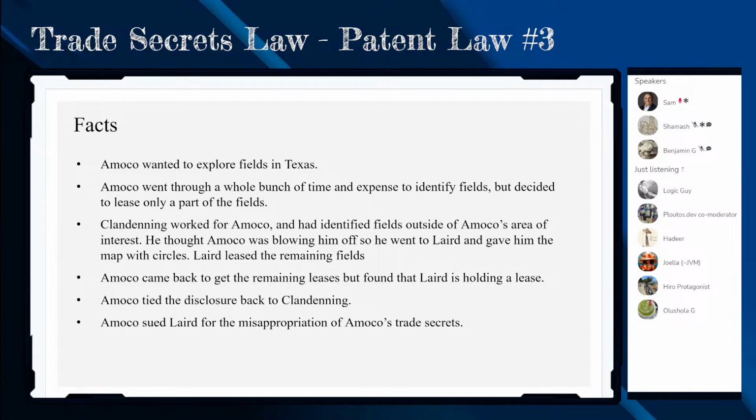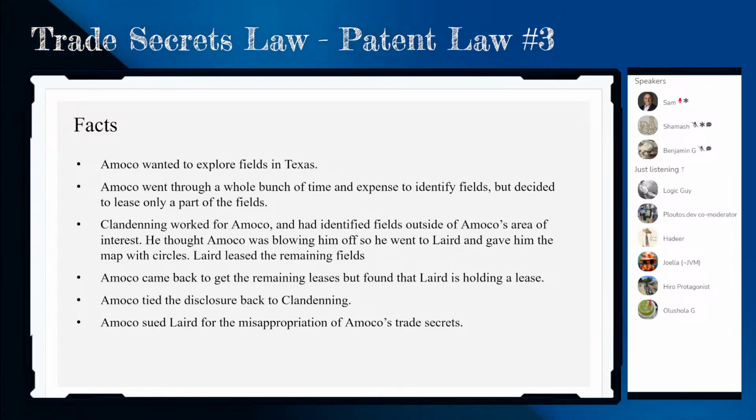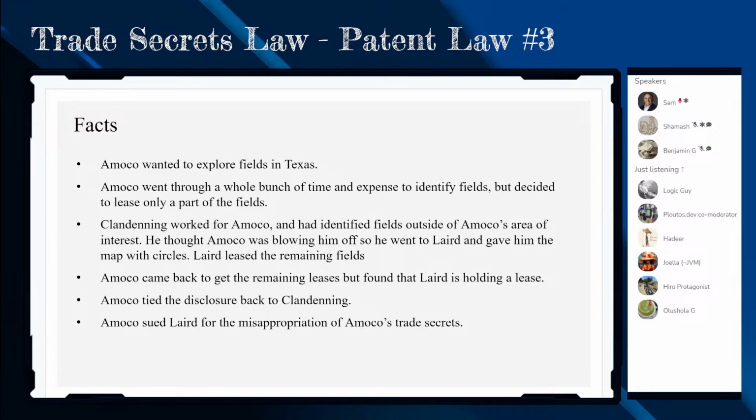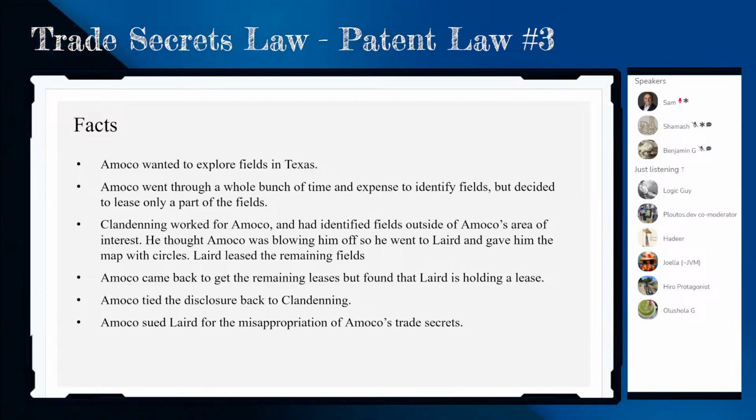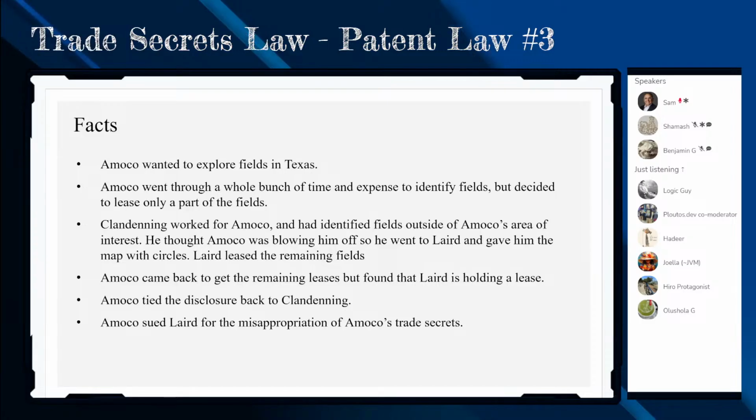And so Amico, which is based in Indiana, was trying to explore oil fields in Texas, and they hired Clendening and other people who went through several years of intense geologic studies and mapping until they identified all the fields, and they circled them.